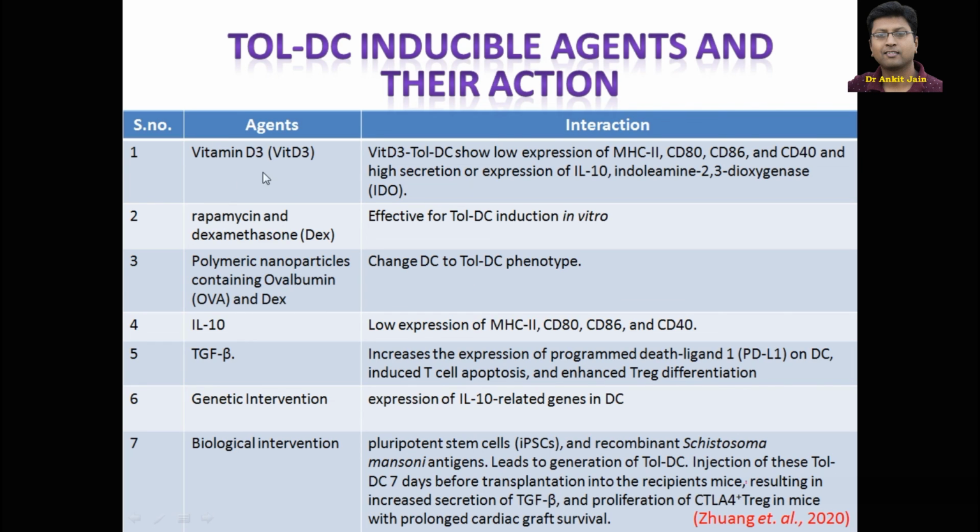So what will vitamin D3 do? Vitamin D3 will show low expression of MHC class II, CD80, CD86, and CD40 molecules, and it will show high secretion and expression of interleukin 10 and IDO, that is indoleamine 2,3-dioxygenase. What will rapamycin and dexamethasone do?